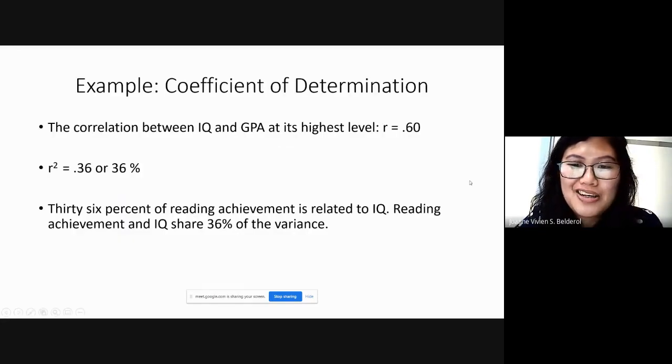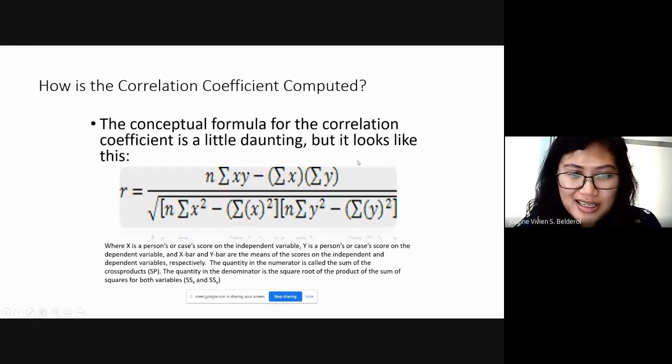If you go back, you will find the formula for getting 0.60. But because we're now very lucky, we have programs like Excel, we don't really have to compute this manually. So I will not require you to compute this manually, but I will require you to know how to compute it through Excel.